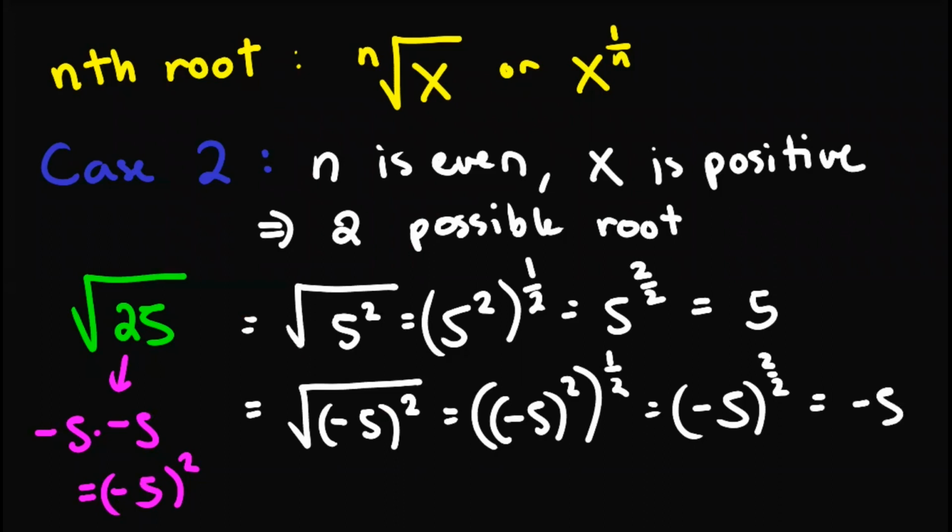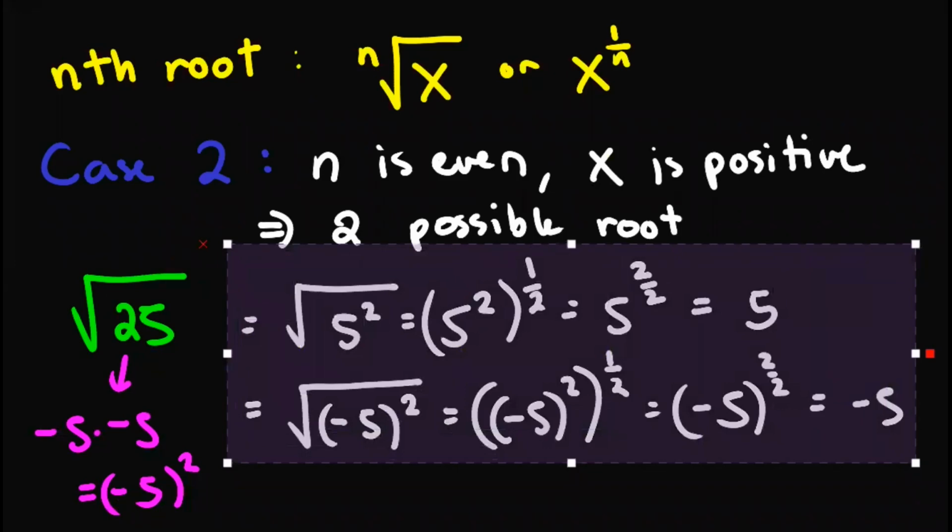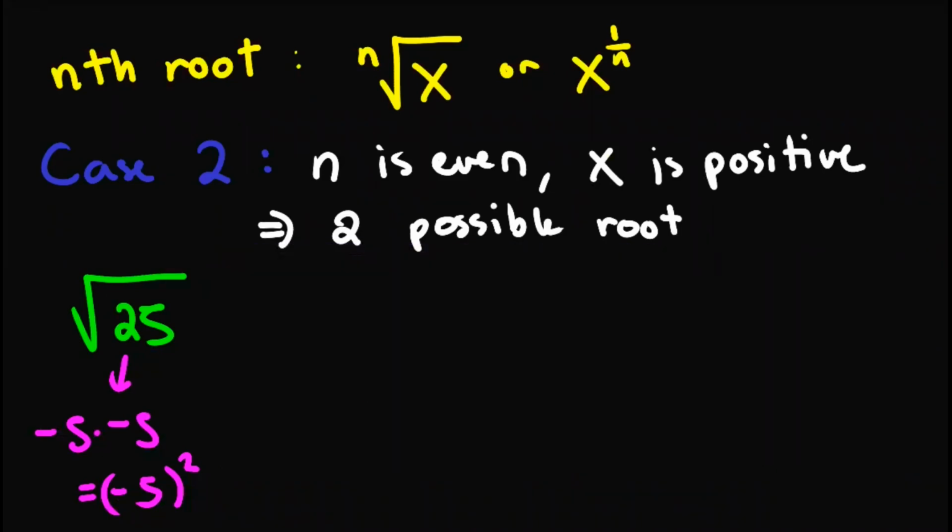So as you can see, the square root of 25 is equal to positive or negative 5.